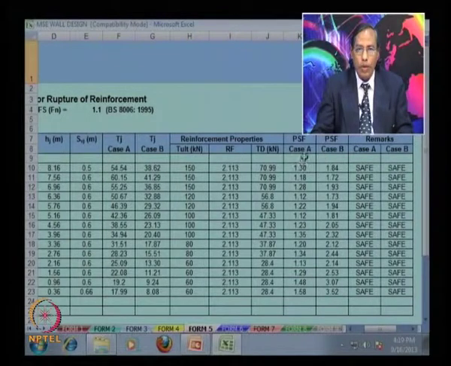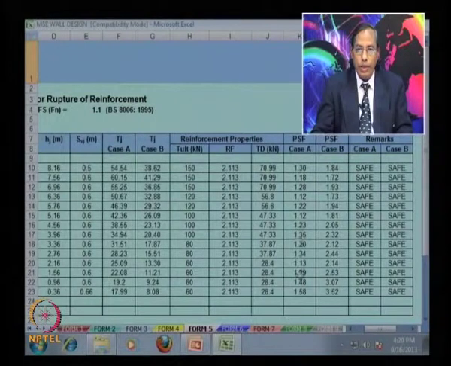yes, this is for PFS, that is the provided factor of safety for case A. So you have calculated what will be the Td, the design strength, and Tj, what is the requirement. So the provided factor of safety for case A will be equal to Td design divided by Tj required. If you divide this, then you can have 1.30.